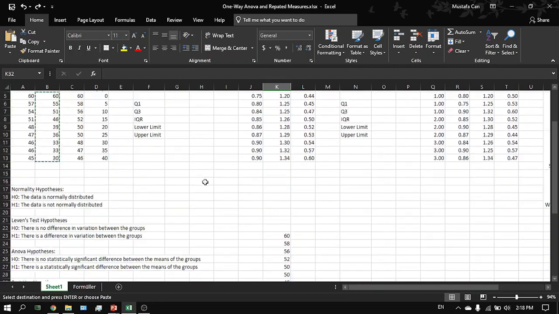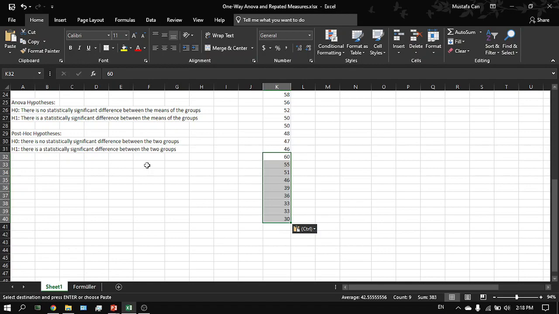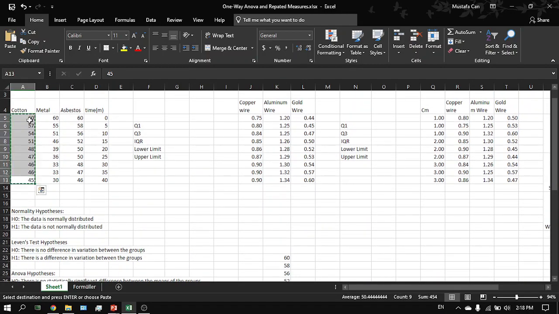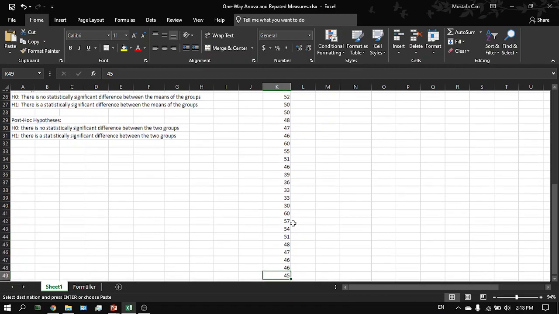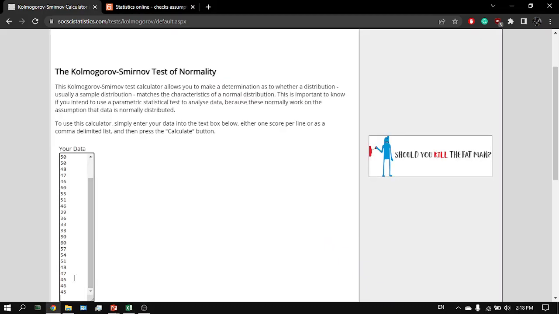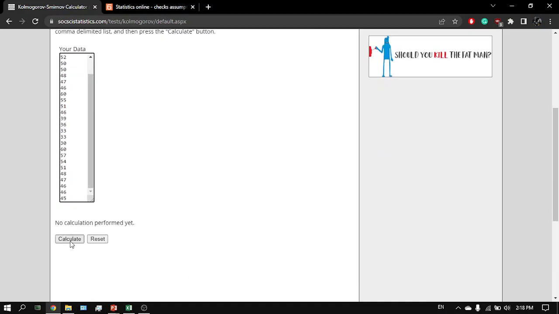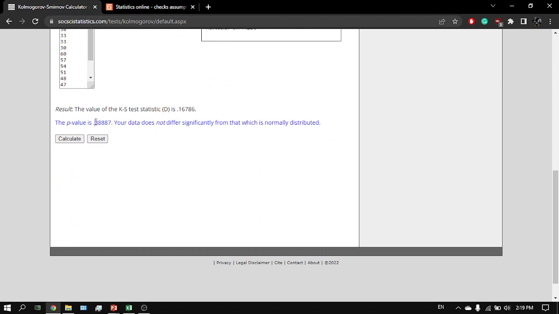Wait, I cut it by accident. Let me copy. Nice. And like that. So it's easier this way, so that I can just come here, paste it here. Let's see if they have normality. Bam, you have normality.